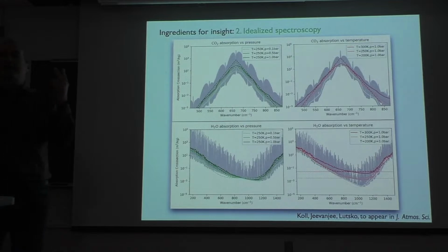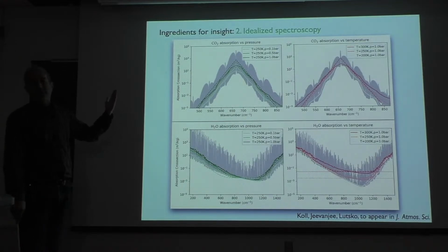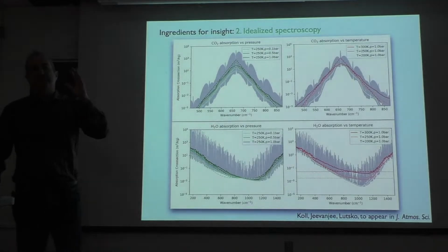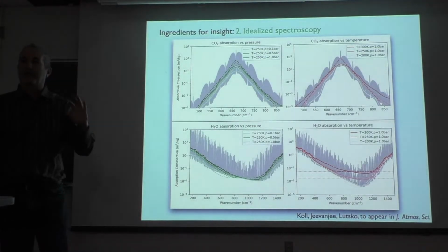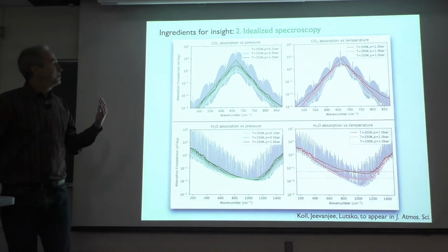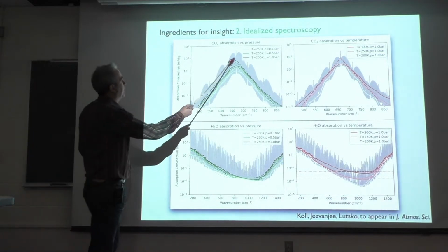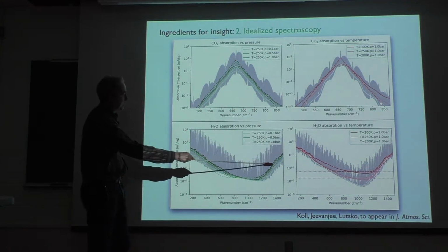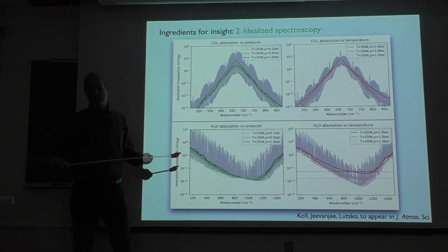There are two important idealizations. One of them is, for those of you who've taken the radiation course, you know it's the quantum behavior. It's all these quantum transitions that determine the absorption spectra of gases. The absorption spectrum for CO2 is super complicated. The absorption spectrum for water vapor is even more complicated.